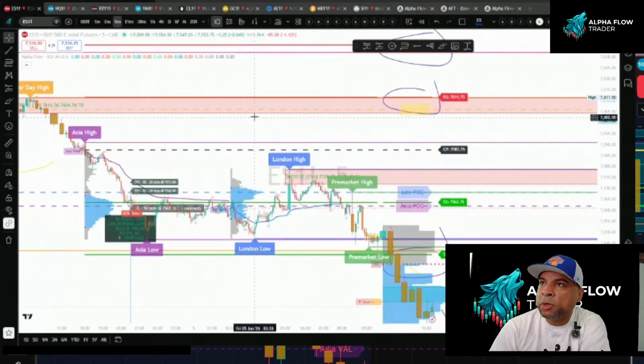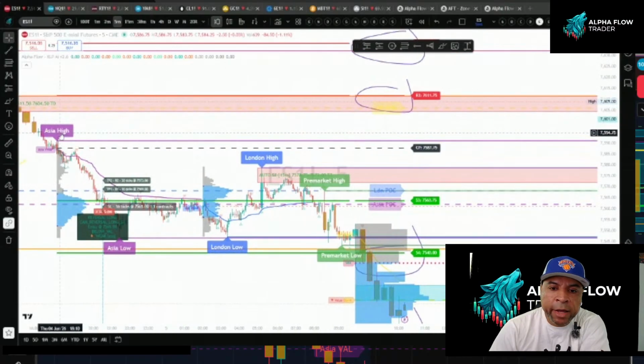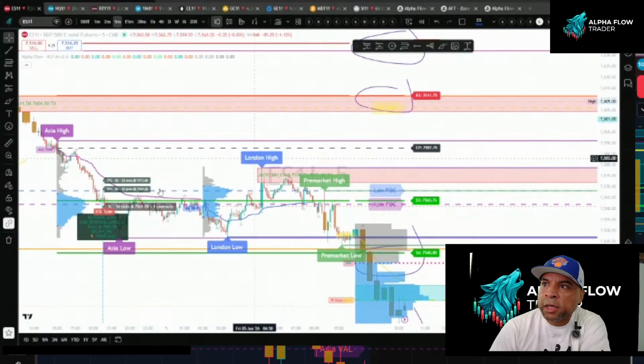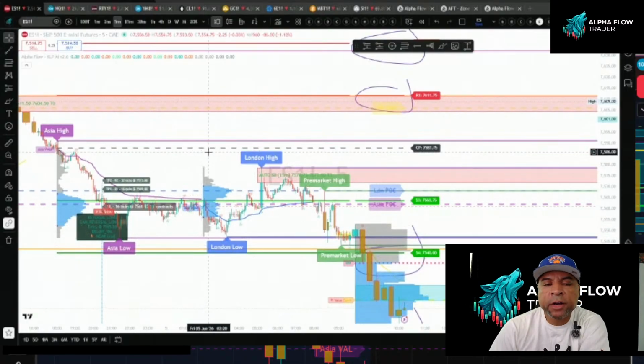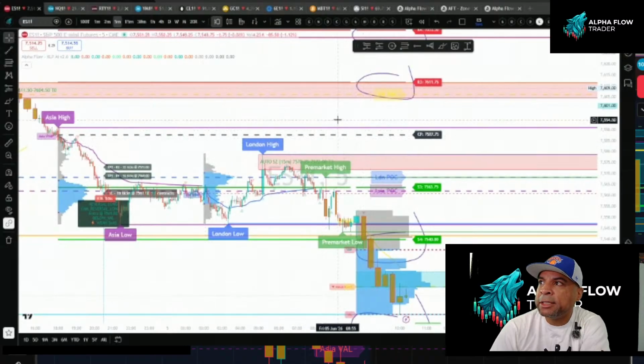Some other levels that we pay attention to are Asia highs, London highs, Asia lows, London lows, prior day lows and highs, prior week's lows and highs, prior month's lows and highs. So all the key levels that my partner Tim and I personally trade on a day-to-day basis.